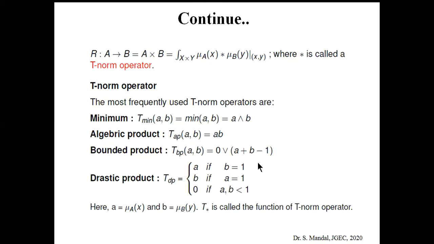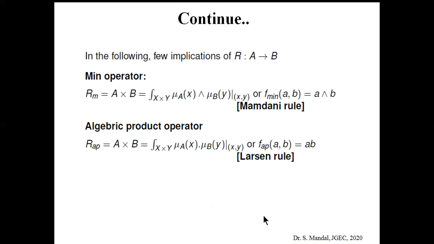And there is another different operator like minimum, T min a comma b, that is minimum a comma b, that is the intersection, algebraic product, multiplication of a and b, bounded product, drastic product, and all the rules are given here. So you should remember all those things. Okay. Now another thing, the mean operator and product operator. The mean operator means Rm equal to a cross b, and that can be given by a intersection b.